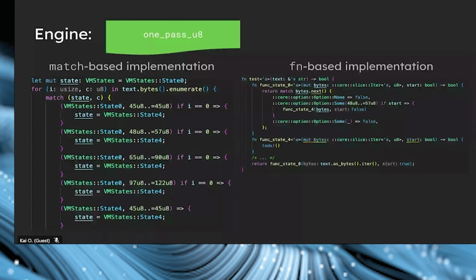So the other implementation is a function-based implementation, which has basically state 0 and then it only matches on the next byte rather than having to match on what the current state is, which means that we can always jump to the next state. So for example, here we are calling func state 4, which will then run whatever conditions we need to check for when we're at state 4.